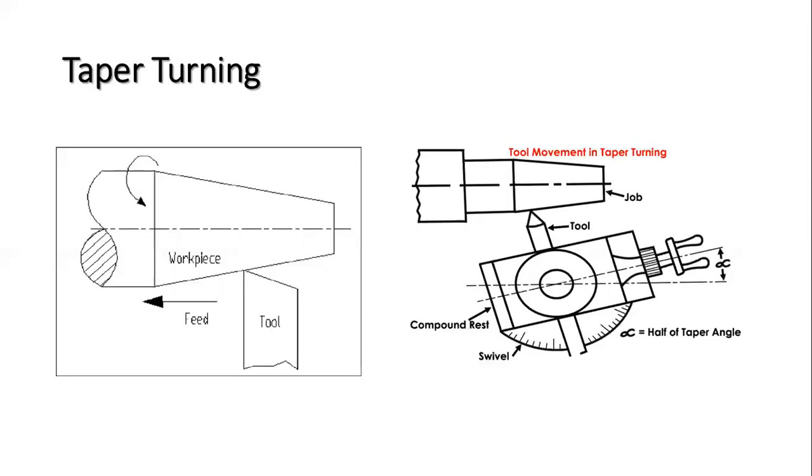So here we are going to show you the procedures of taper turning and how to calculate the taper angle, basically through this video lecture. This is a standard picture of taper turning, a process to cut the taper. I'm going into detail in my next slides.